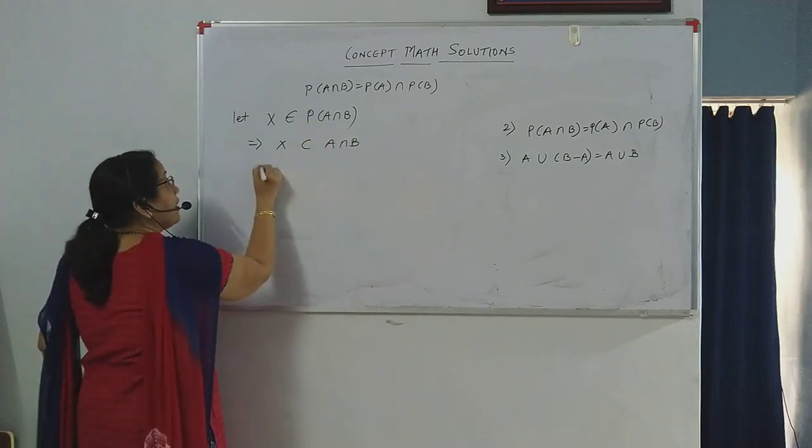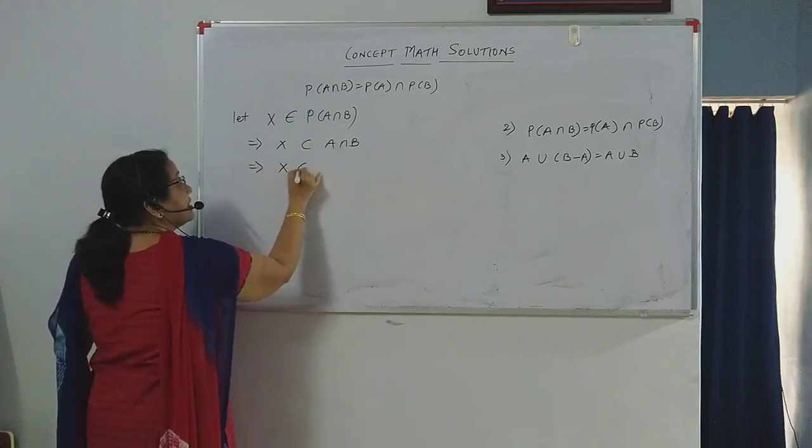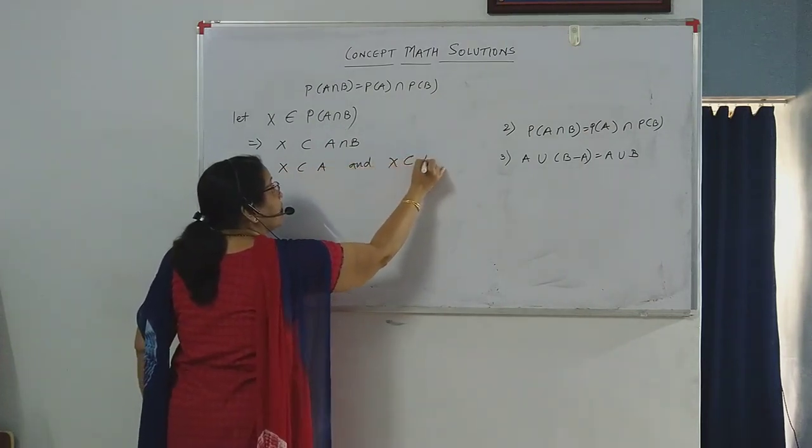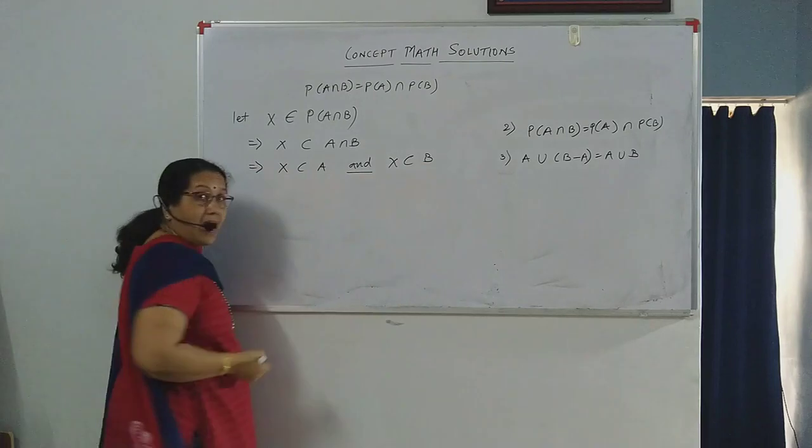X is a subset of A intersection B means X is a subset of A and X is a subset of B because intersection means and.